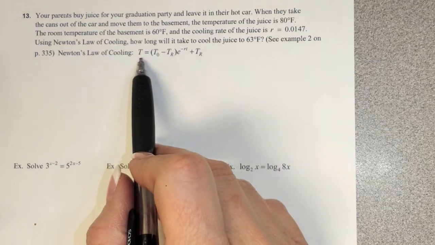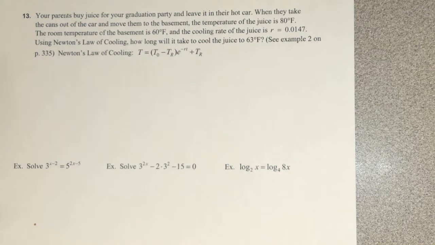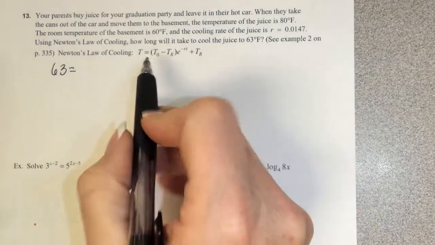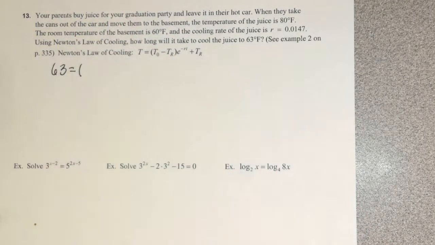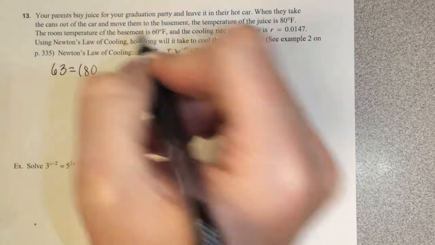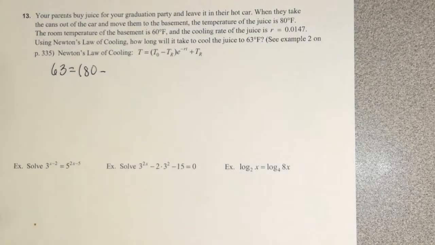So tell me, what am I going to plug in for T? 63, right. That's what we want the temperature to be of the juice. What are we going to plug in for T sub 0? 80, that's the original temperature of the juice. Minus T sub R, what's that going to be? Good.